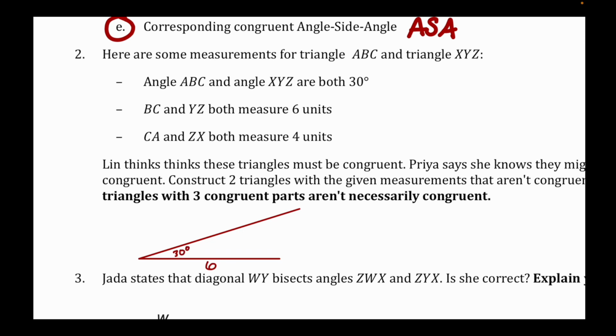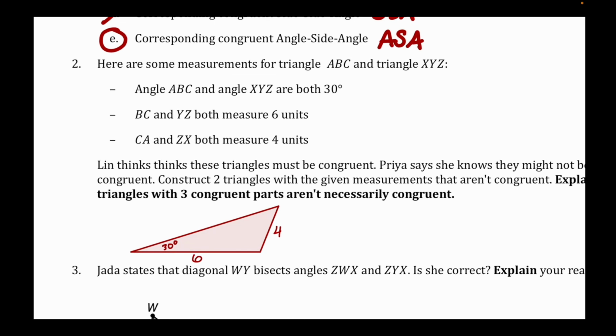Now, our third side of this is going to be 4 units long. So let's label this one as ABC, and then I'll construct one for XYZ that actually looks different. So they said ABC was 30, so this is going to be A, and then B, and C.